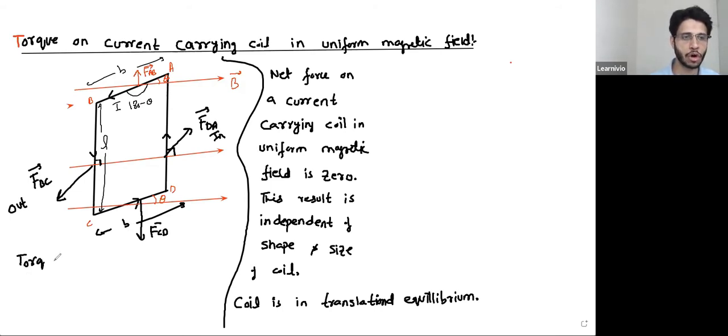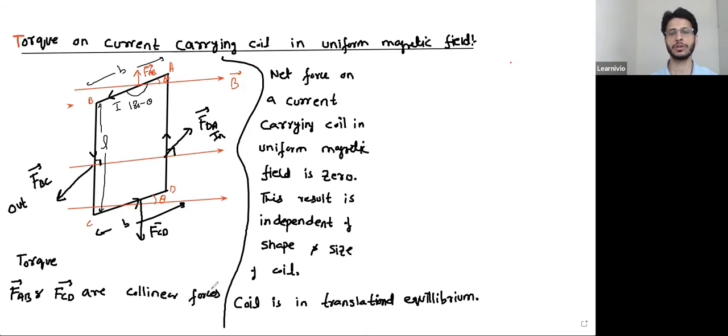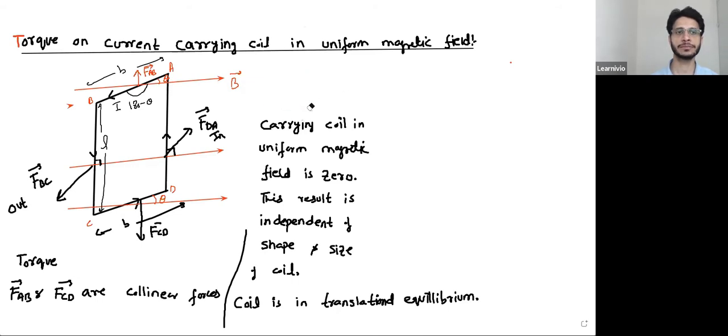We are calculating torque. See, FAB and FCD are collinear forces. Collinear forces means forces which are acting in the same straight line.